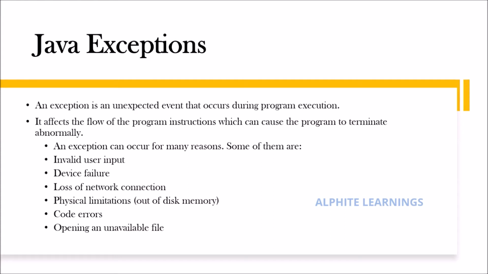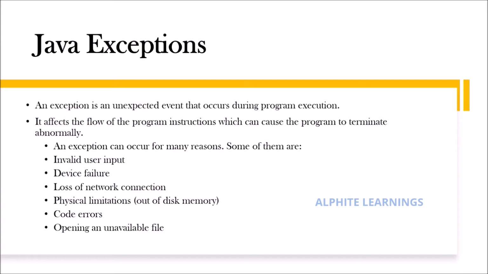In Java, the unexpected events that happen when the program is in execution, that is the runtime, the exceptions or errors that you get at runtime, we call them exceptions. Whether it is an error or an exception, it is going to block the flow of your program.